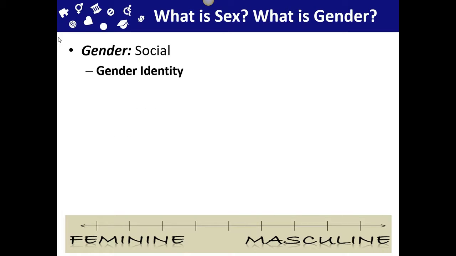We give and label certain characteristics and attitudes and traits and behaviors in gendered ways as either feminine or masculine. And oftentimes we adopt these ideas of gender and form our own gender identity.